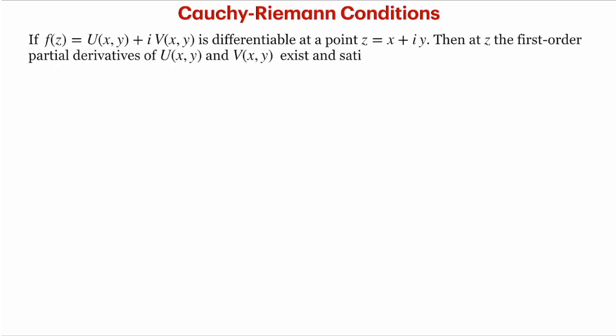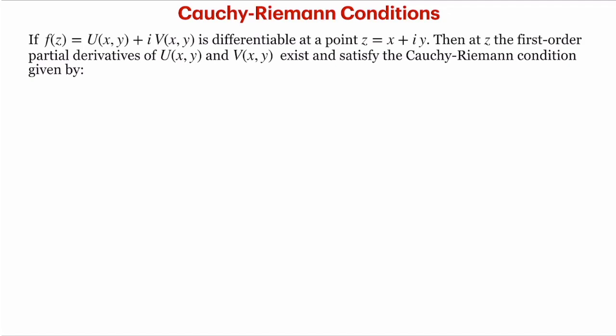Let's look at one of the important theorems in the functions of a complex variable, that is Cauchy Riemann condition. Let f of z equal to u of x y plus i v of x y be differentiable at a point z equal to x plus i y.